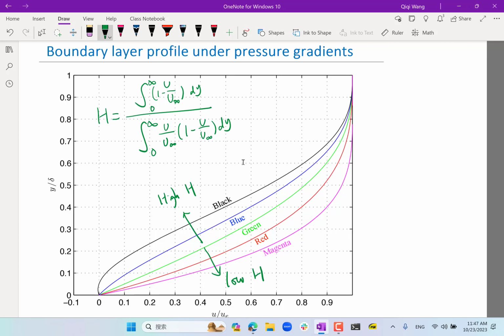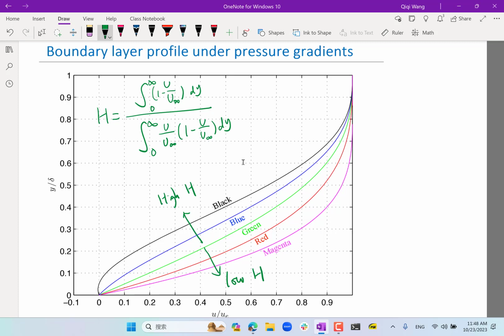Essentially, if the pressure gradient has been adverse, then if you look at the evolution of the boundary layer over a region, you're going to see that without viscous effects, the shape factor would keep increasing, and viscous effects actually pull back the shape factor, pull back the boundary layer more and more towards the Blasius profile.